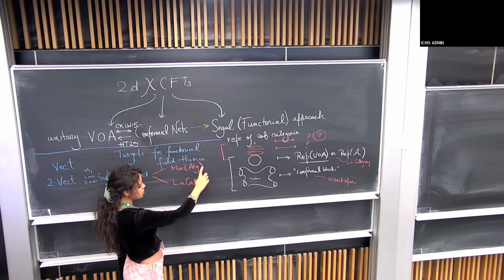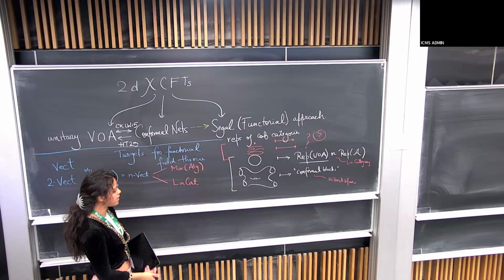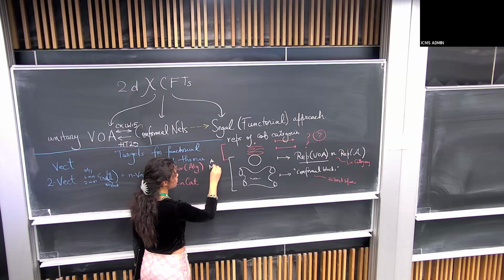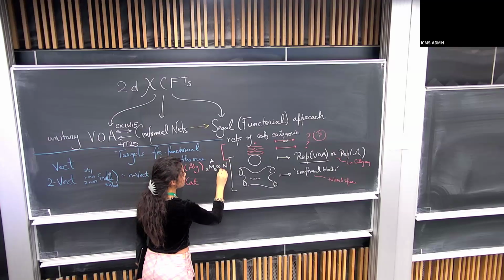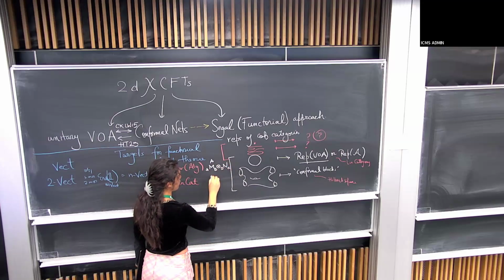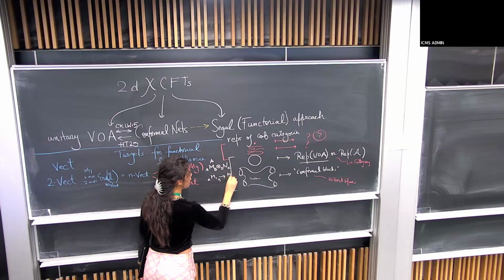And the composition of 1 morphisms is given by tensoring over that algebra. So I'll just write an instance of what it looks like. So this will give me composition, and then I can have maps from M1 to M2.